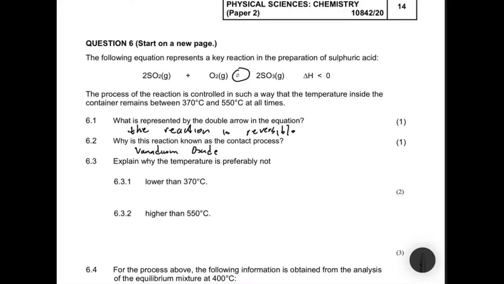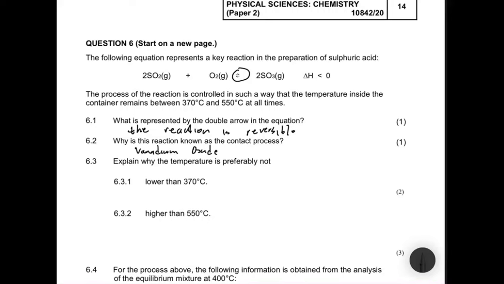And then 6.3 says explain what the temperature is preferably not, and then 6.3.1 lower than 370 degrees. So they're telling us that for this reaction we need the temperature to be at least greater than 370 degrees.